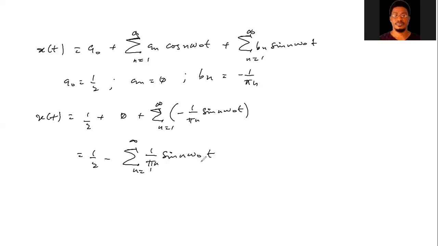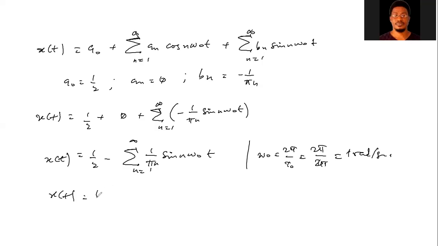But omega naught is the same as 2 pi over T naught equal to 2 pi over 2 pi. It's equal to 1 radian per second. So S of t will now be the same as 1 over 2 minus sigma n equal to 1 to infinity 1 over pi n sine n t.